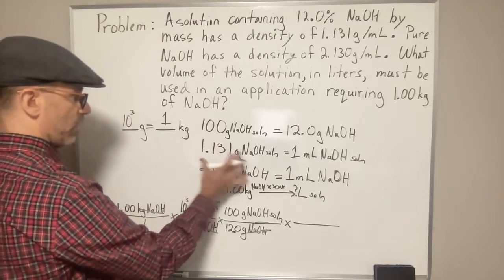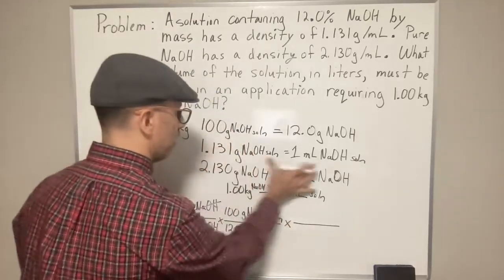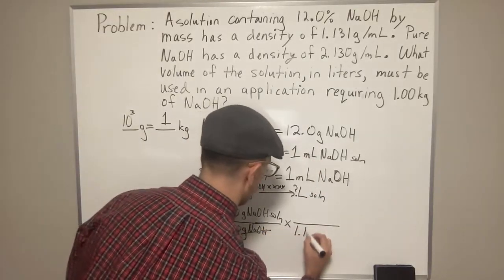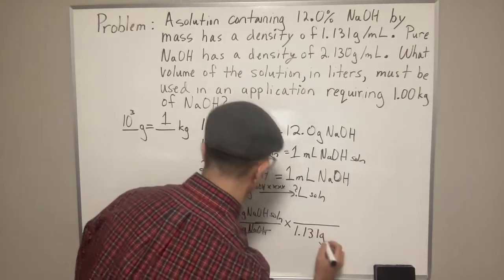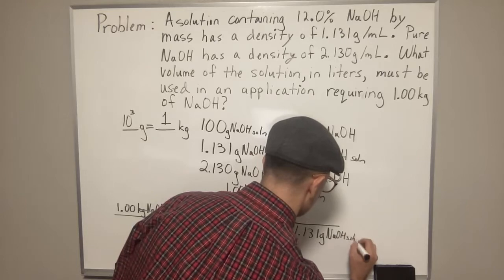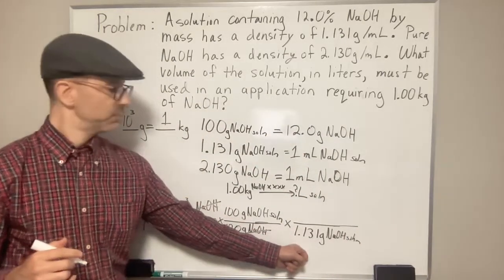I'm using the density now as a conversion factor. So 1.131 grams of NaOH solution is on the bottom.